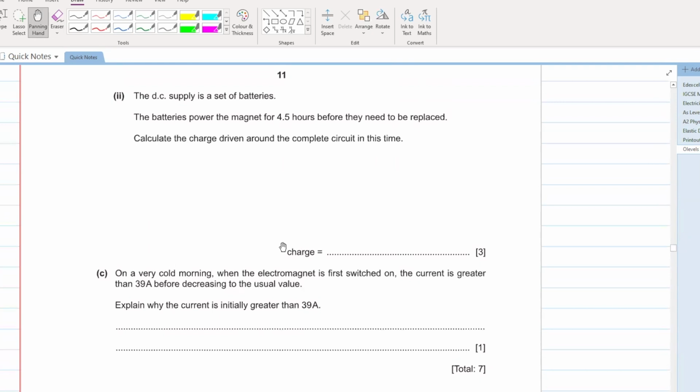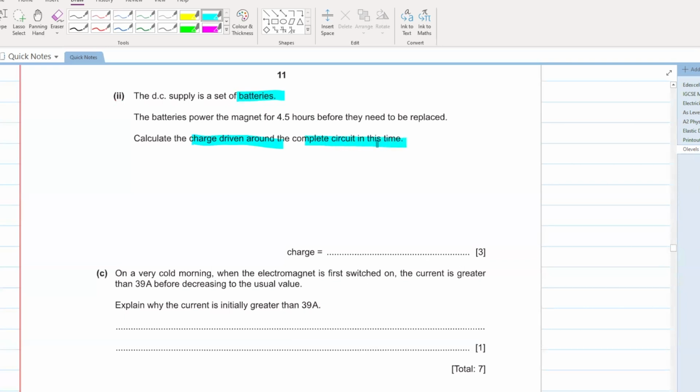The DC supply is a set of batteries. The batteries power the magnet for 4.5 hours before they need to be replaced. Calculate the charge driven around the complete circuit in this time. What do we know? Voltage is equal to work done over charge.